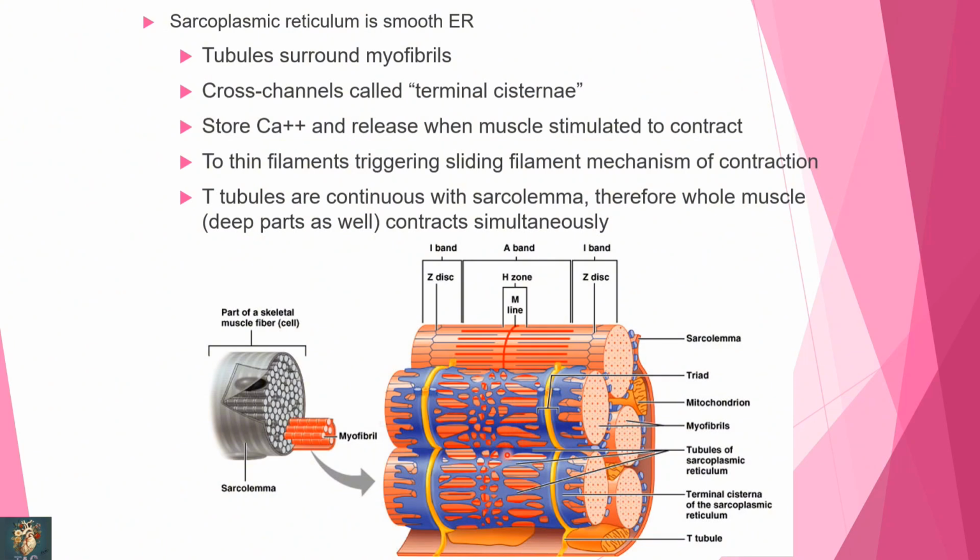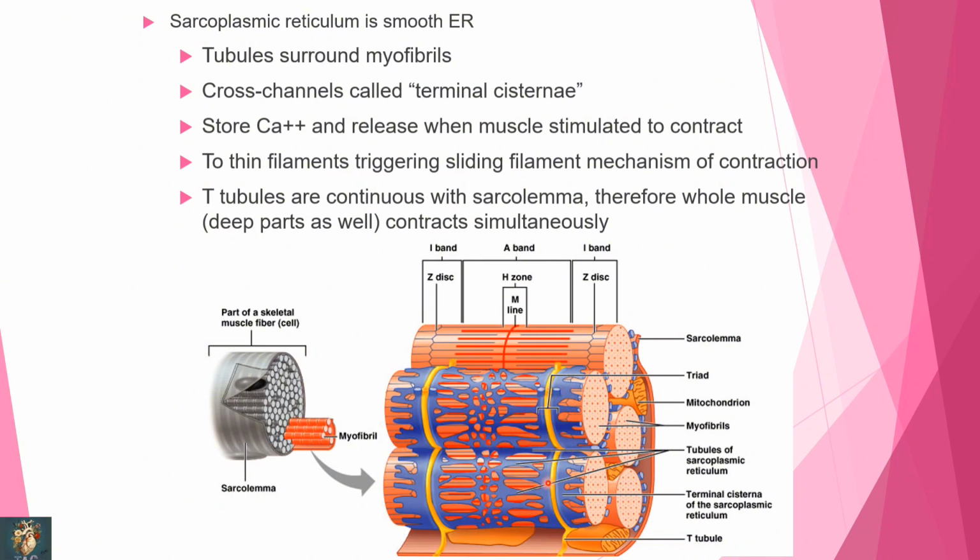So this is one of the T-tubules, and the sarcoplasmic reticulum surrounding the myosin, the darker area and the lighter area, and this is the area where the dark and light areas are present. And here you can see the dilated part of the sarcoplasmic reticulum which is forming the cisternae.